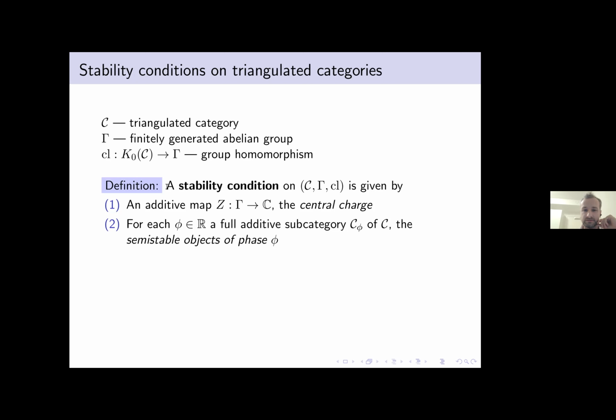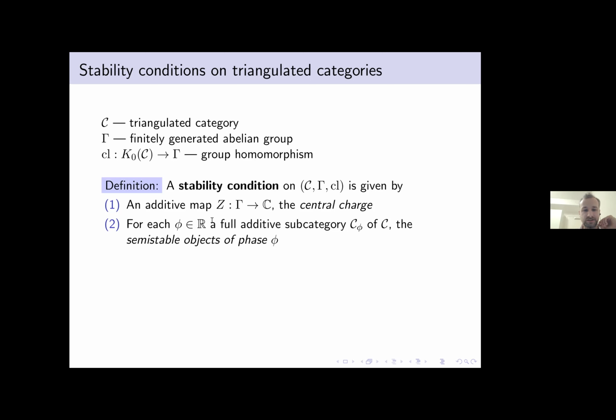And then a stability condition is defined by two pieces of data. First, you have an additive map from this group gamma to the complex numbers. Since we have the map from K0, that gives you a map from K0 to the complex numbers, so each K theory class has some place inside the complex plane. That's usually easy to specify. The more complicated piece of data is that for each real number, I should also specify the semi-stable objects of that phase.